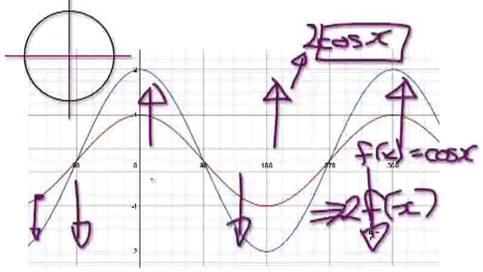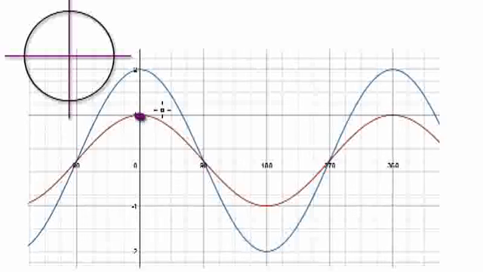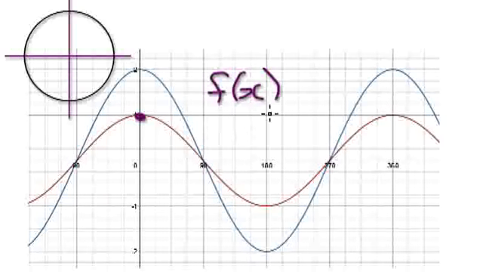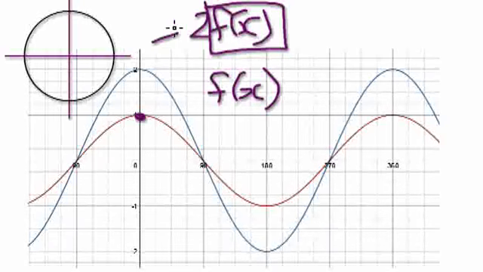The red line is f of x, and the blue line is 2 f of x, so whatever f of x was, you've got to times it by 2. It was 1, now times it by 2.